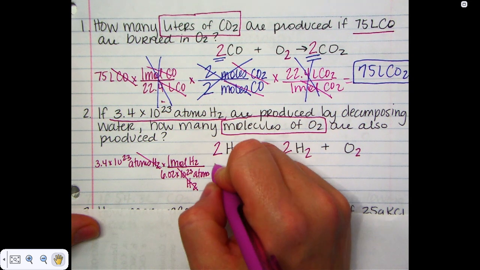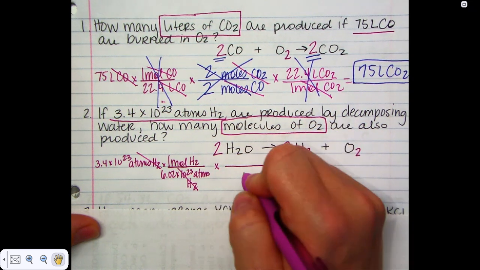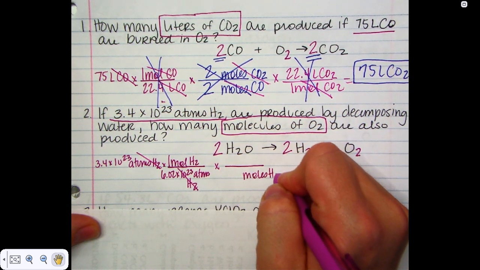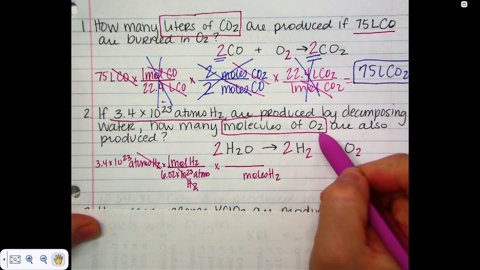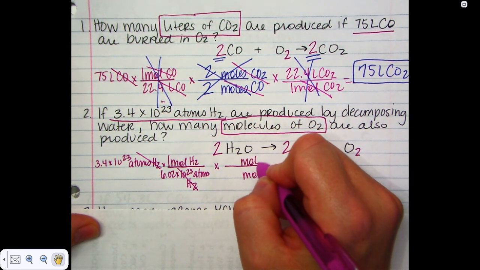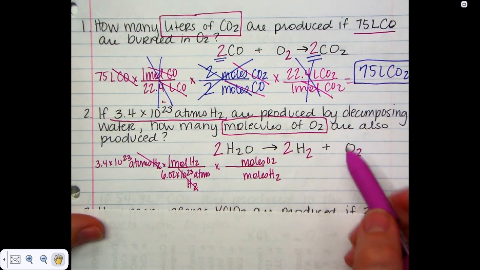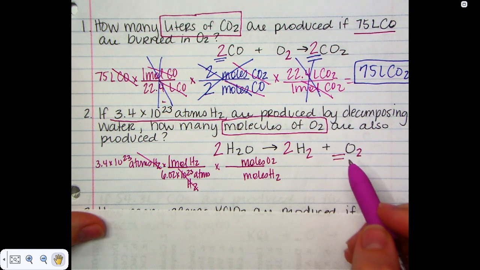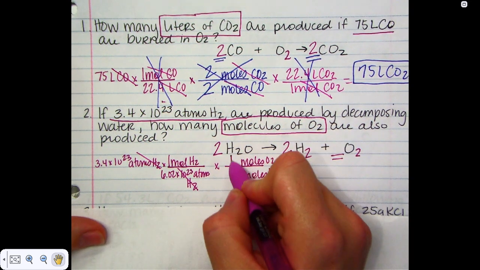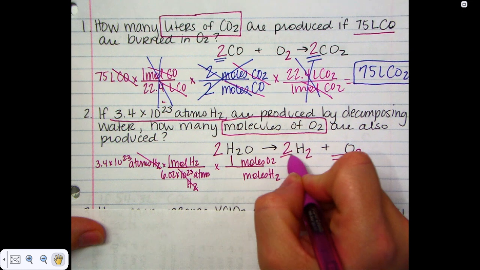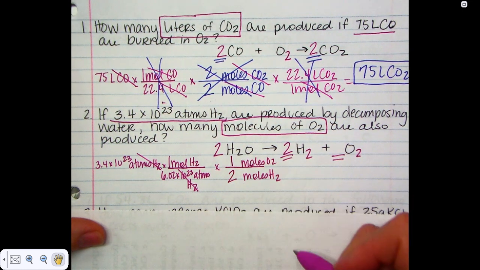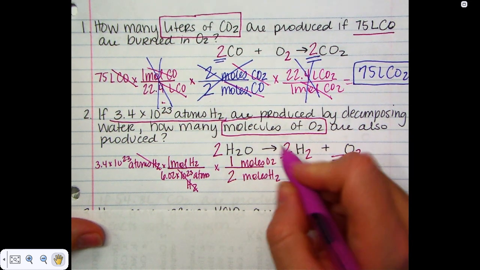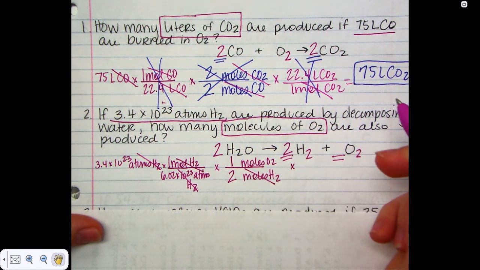Now I need to do my mole bridge. I'm getting rid of the moles of H2, so that goes on the bottom, and I'm going to moles of O2. That goes on the top. So look at my coefficients. I don't have a number in front of the O2, so I know that means that there's only 1. And then I have a 2 in front of the H2, so that goes there. So it gets me out of moles of H2. I'm into moles of O2.